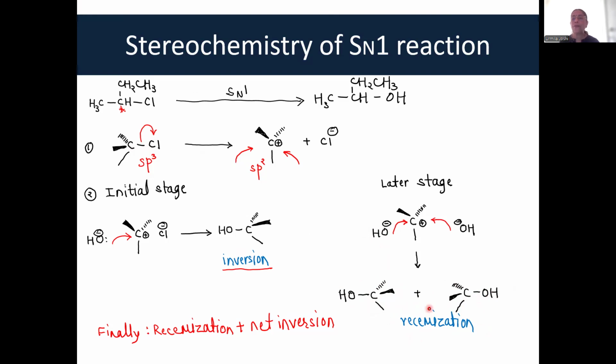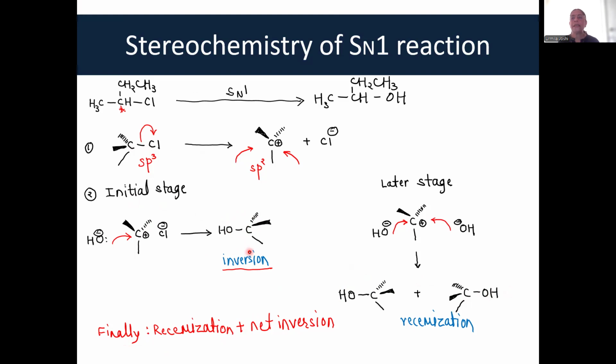Actually, we expect full racemization, but finally that does not occur because the product formed in the initial stages is only inverted product. And product formed in the later stages is racemized product. And so the net result of any SN1 reaction is racemization that happens in the later stages plus net inversion that happens in the initial stages.